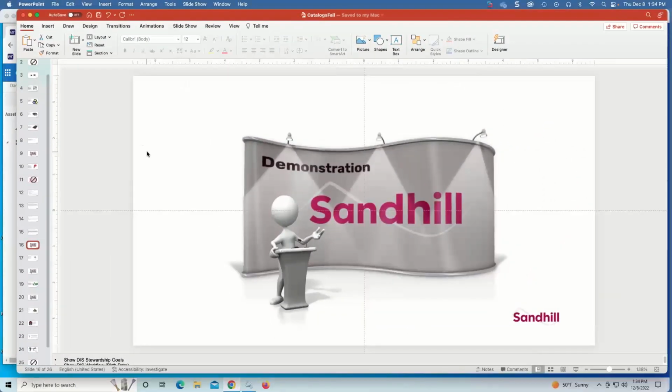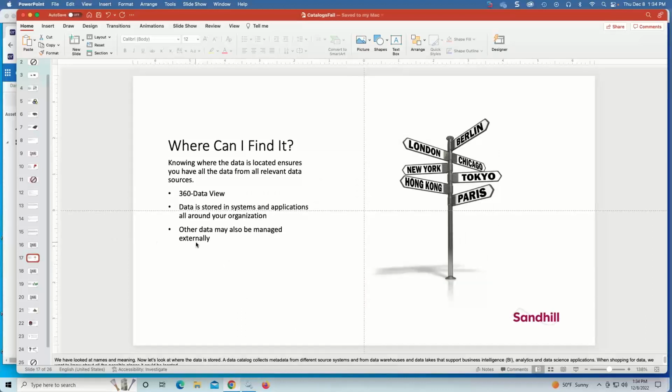Mm-hmm. Okay, so let's take a look at the third question, which is where can I find it? When you're looking at information as it's stored within your organization, it can be scattered in lots of different places, so many different places that you don't even know where it is. But you know that you want to have, let's say, a 360-degree view of something, a product or a customer.